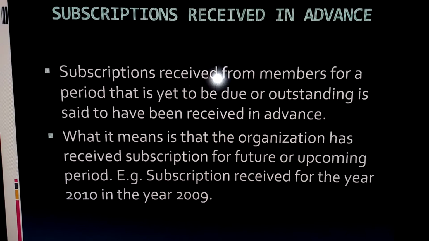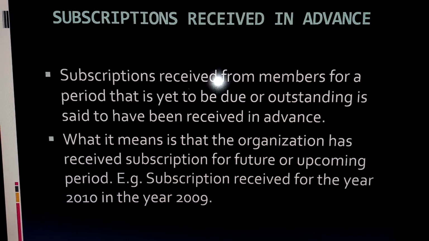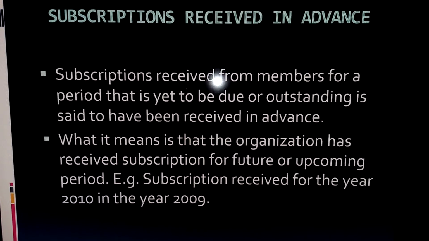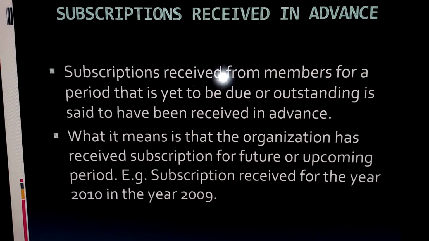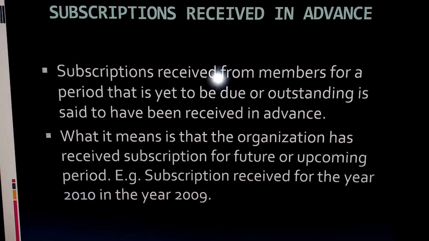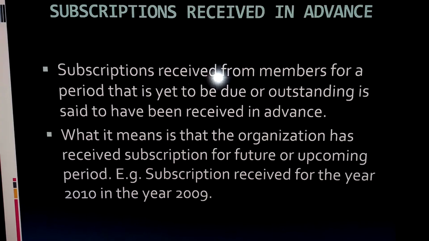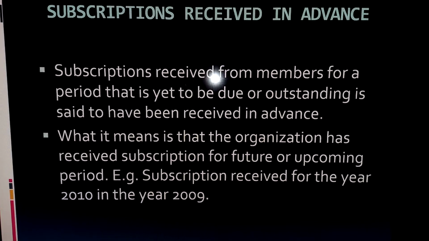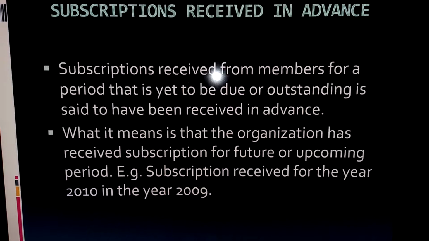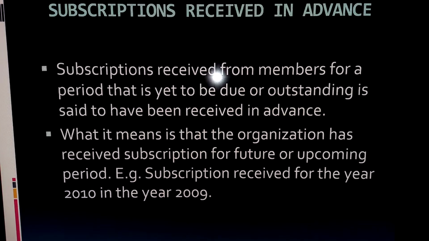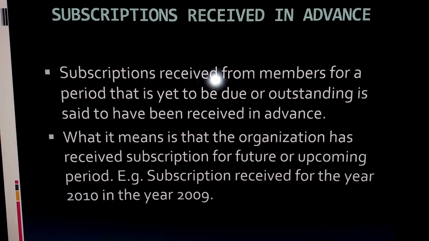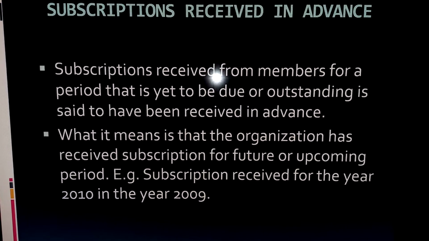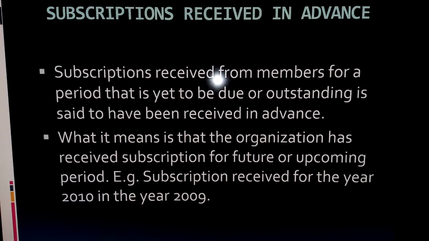So you are in 2010, but you have received subscription for 2011, or you are in 2009, but you have received subscription for 2010. The point is that the organization or the club has received subscription for a year that is not due. So this is what we call subscription received in advance.